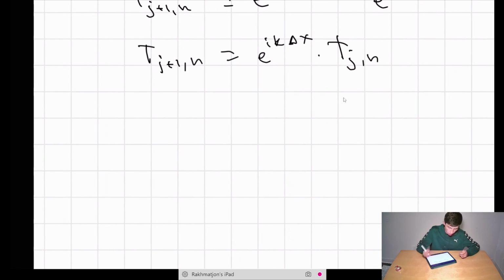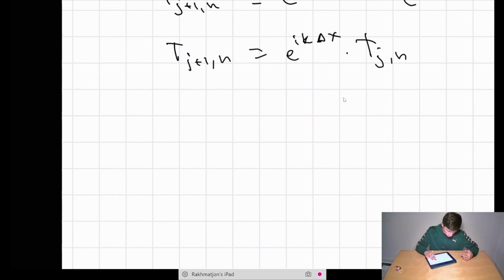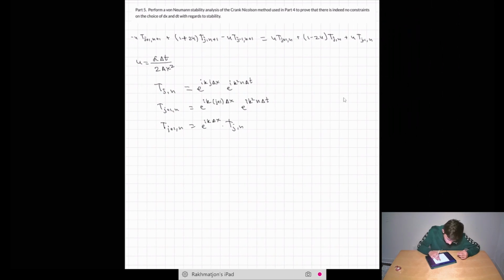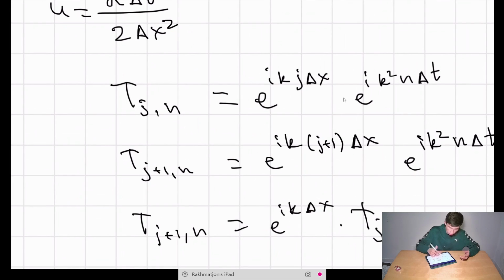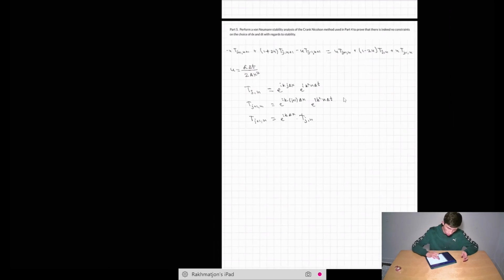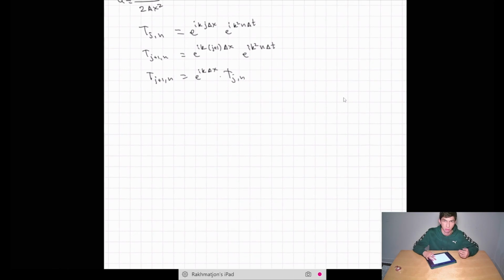Now we can write down the equation by factorizing the Tj at time n. The temperatures on the other side are going to be the same thing, but instead of at the current time, we're going to use a later time, so we don't need the variable u.